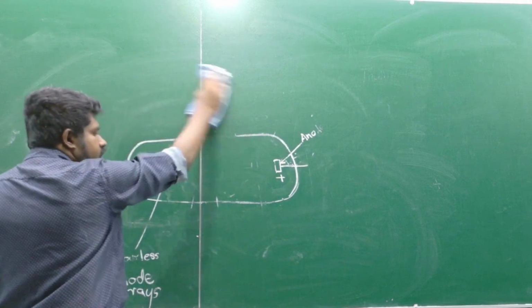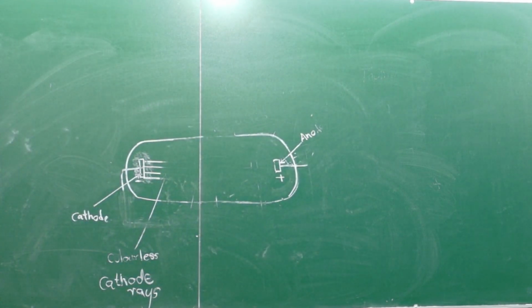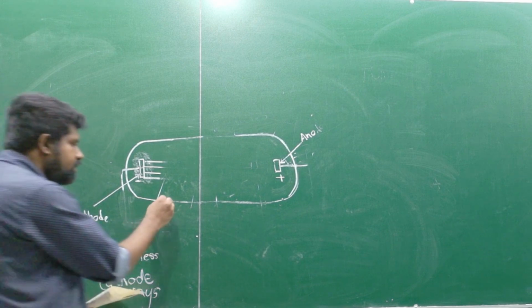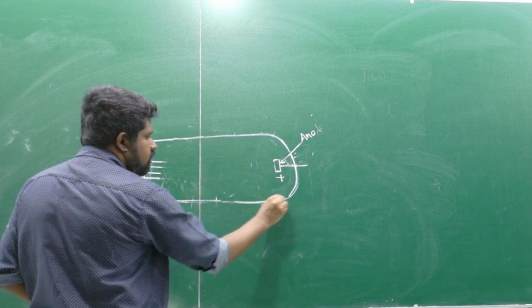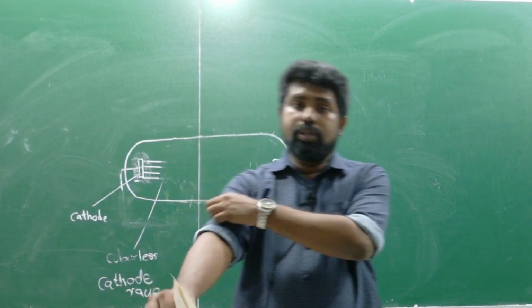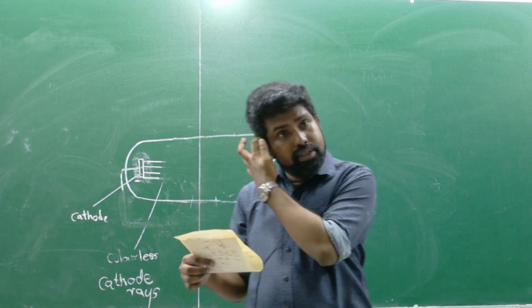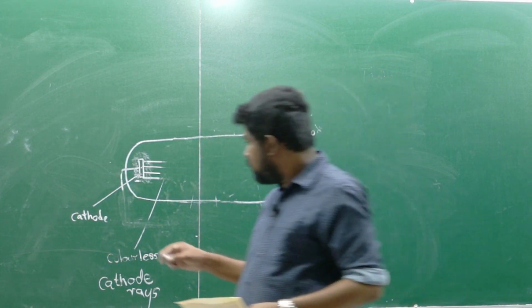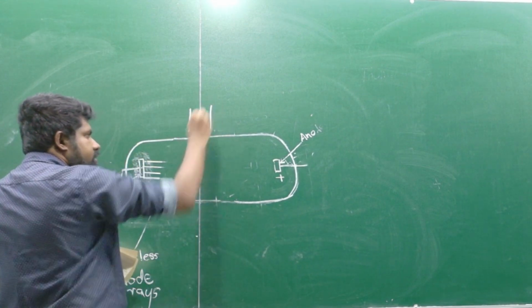In physics, in order to find whether a particle possesses any electrical charge, there is a simple experiment that we can do. We can place a magnetic field.